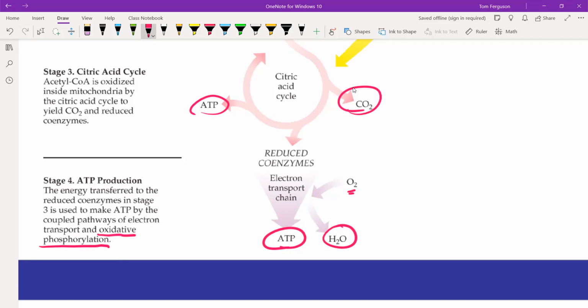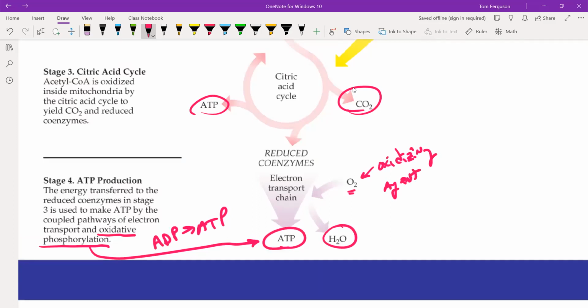So the phosphorylation is taking ADP to ATP. And it's an oxidative process, so there's a transfer of electrons. And the oxidizing agent is oxygen.